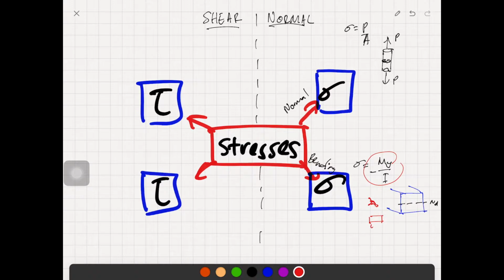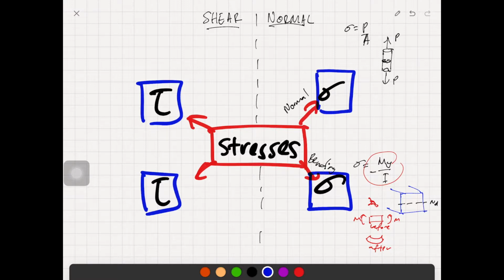This is before, and this is what it looks like after the bending, when moment is exerted on both sides of the prismatic beam.